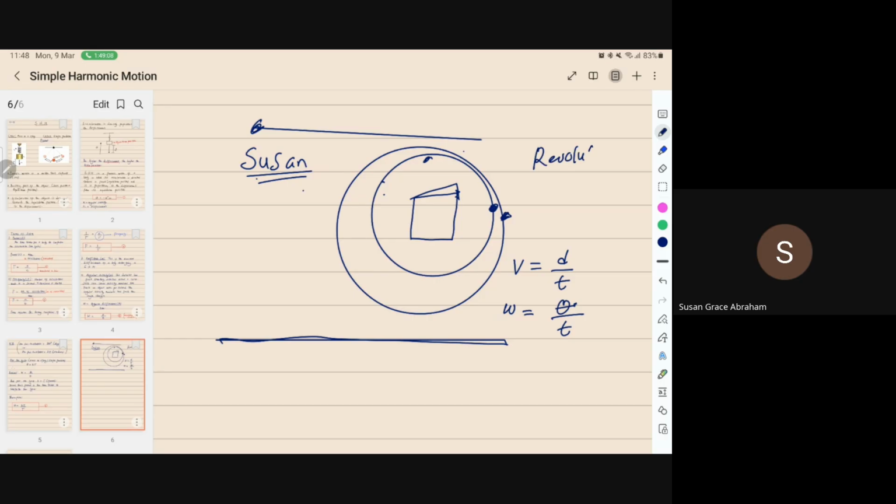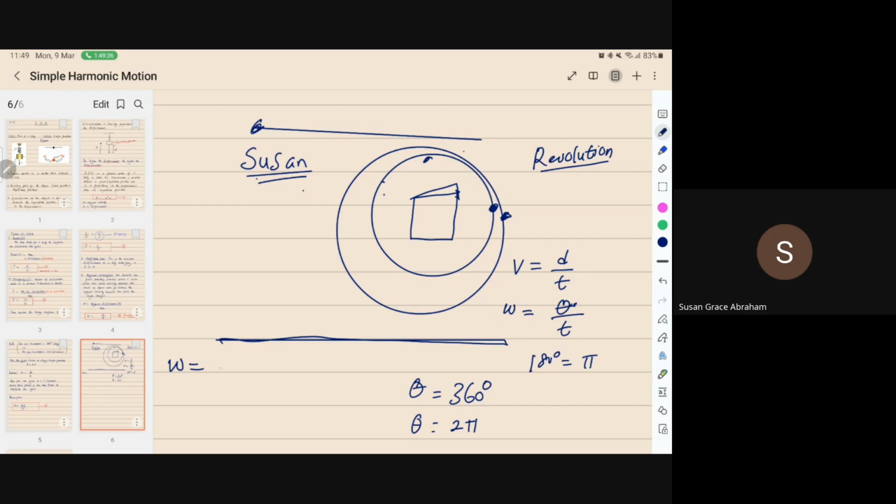Because he has completed one revolution, the angle theta is equal to 360 degrees. Remember your mathematics, angle at a point. But since angular velocity is measured in radians, theta will be equal to 2 pi, because in radians, 180 degrees is equal to pi.